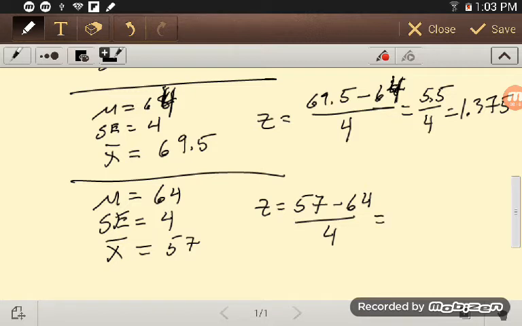So that's negative 7 over 4, or negative 1.75. And there we go. That's our z value. I can now go look something up in the table based on that z. But all we're doing is changing the units. We're saying instead of talking about inches, let's talk about the number of standard errors, and that's all we've done.